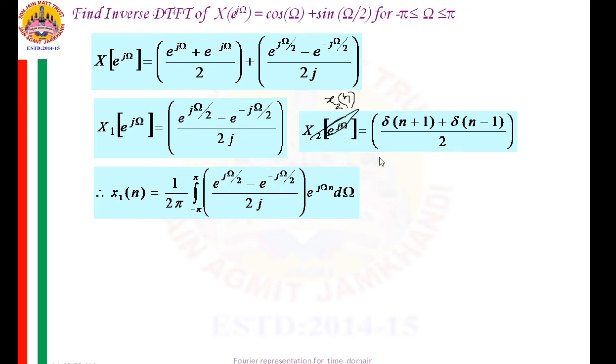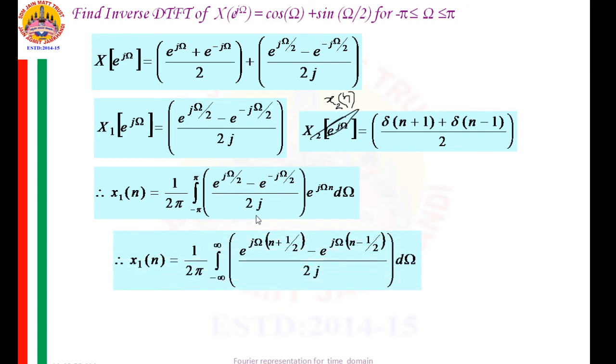Now we have to find x1 of n by the IDTFT expression from this x1 of e raised to j ohm. This is x2 of e raised to j ohm, from this x2 of n is obtained, and from this x1 of e raised to j ohm, to obtain x1 of n, we have to substitute it in the IDTFT expression. Now this is the IDTFT expression, 1/2 pi integration minus pi to plus pi, e raised to j ohm by 2j minus e raised to minus j ohm by 2j, times e raised to j ohm n d ohm.